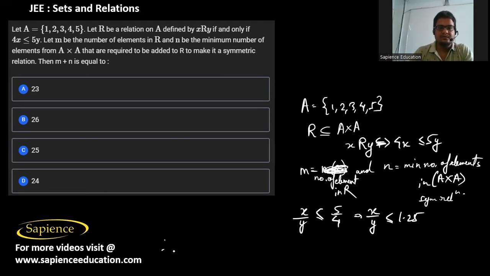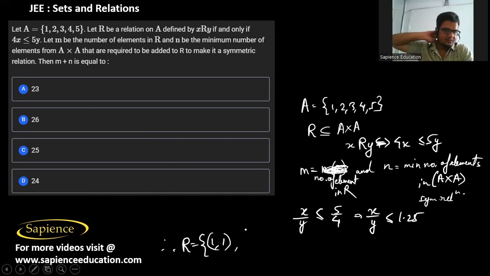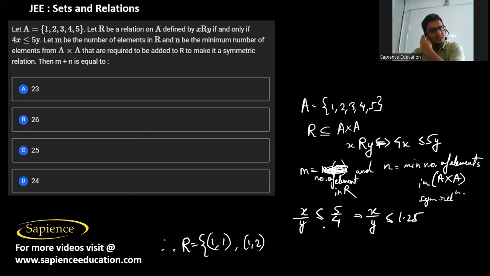So therefore, for the relation R, I can take (1, 1), and I can take (1, 2) also, since 1 by 2 is half, and (1, 3), (1, 4) and (1, 5) also.